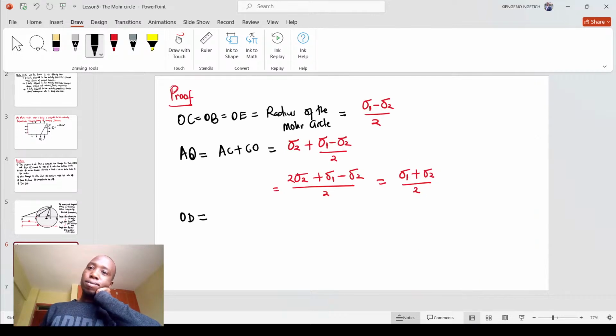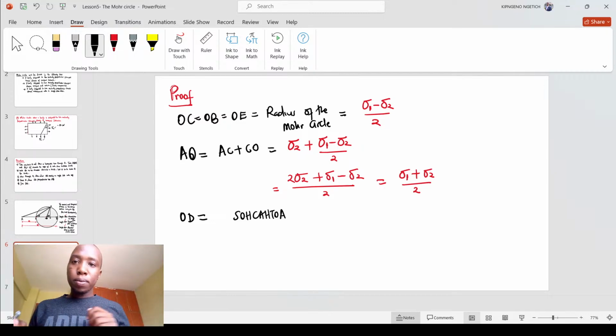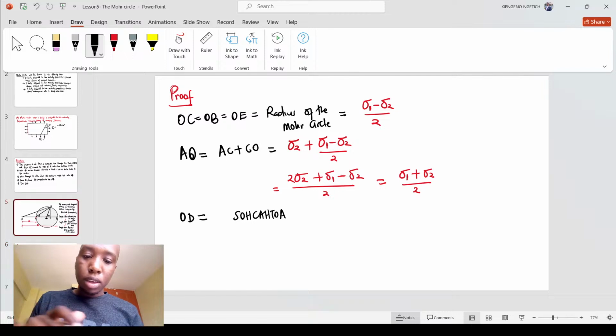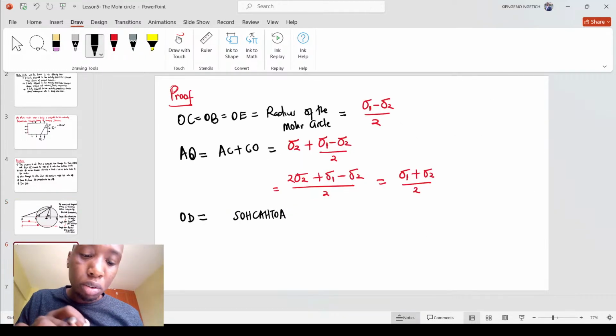Yes, you can now unpause. So, using the SOH-CAH-TOA rule, you will find that now we want to express, we have 2 theta, so we want to obtain the adjacent, and we have the hypotenuse, so that will be cos.